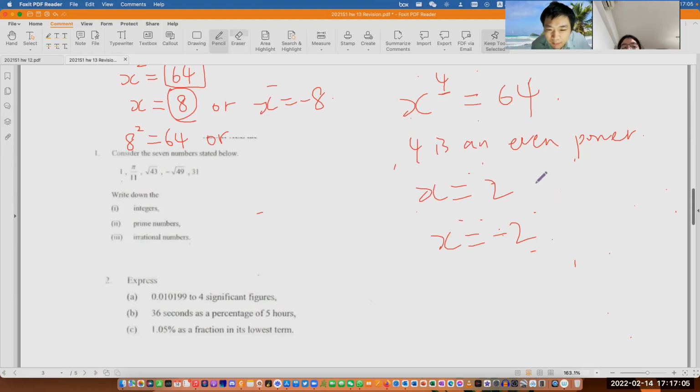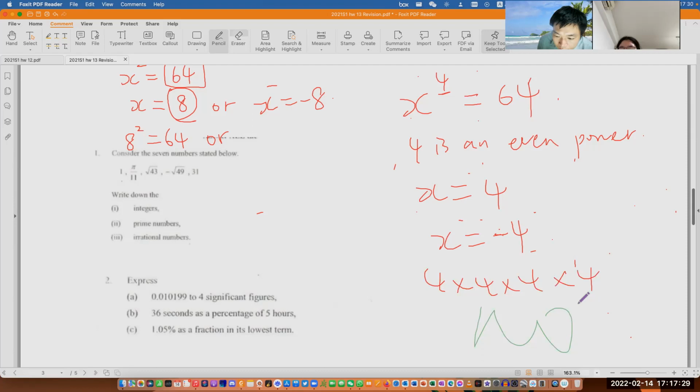Am I right? I think it is 4. 4 and negative 4. By the way, please use a calculator. Okay, 4 times 4 times 4 times 4. Oh no, not 4, sorry. Over here should be 16.